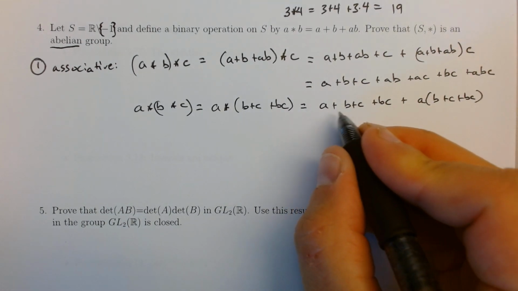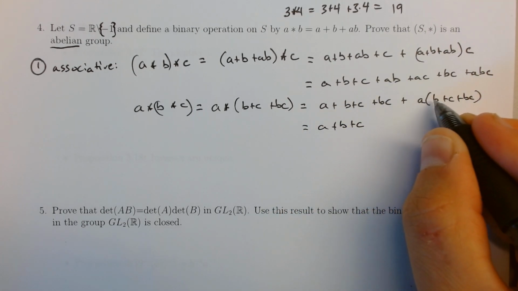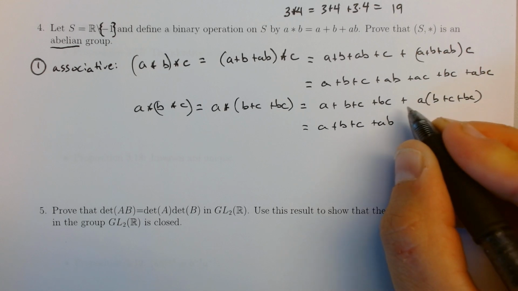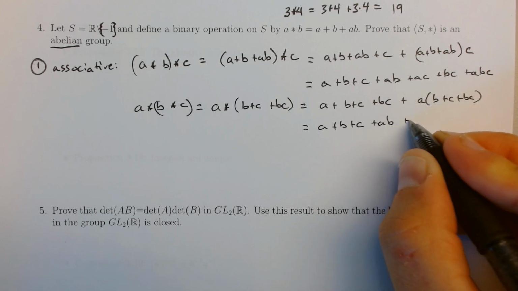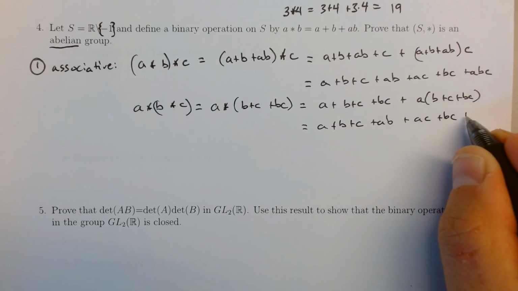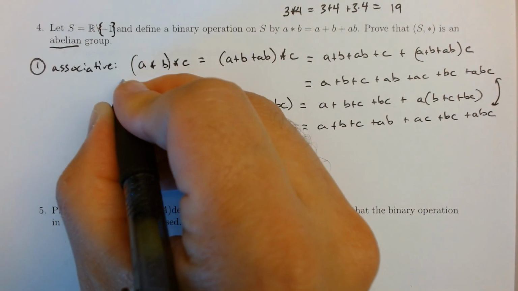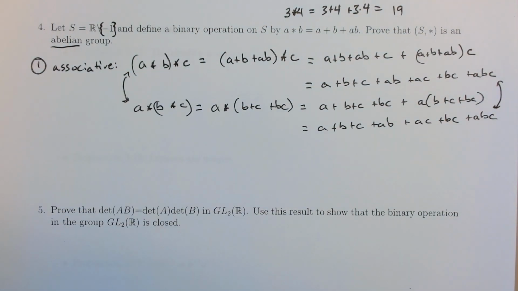I should get the same thing. I can see the ABC there already. I get the AB from here. I get the AC from here. I have the BC here. And then that times that gives me ABC. So these are equal to each other, so that means these 2 are equal to each other.